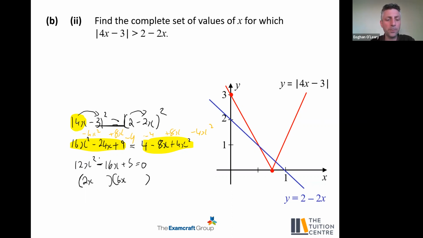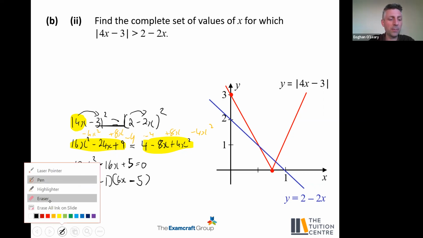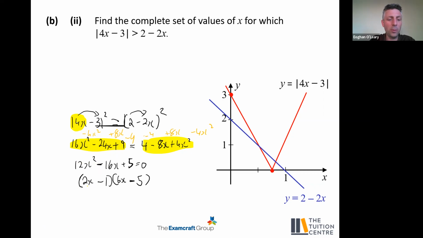So what do we do? Okay, I'm looking for 2 numbers which are going to multiply together to give me this plus 5. So I have various possibilities, but as I look at it here, I can see that I'm going to have a negative 5 here and a negative 1 here. And let me just double check my workings. If I multiply my 2x by my 6x, I get my 12x squared.